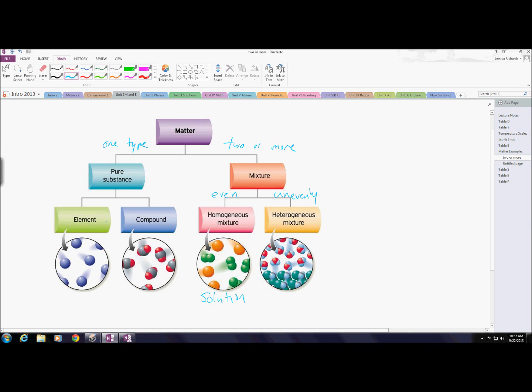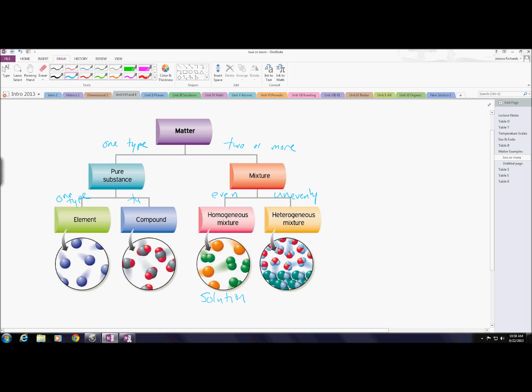It shows a little bit higher understanding of learning if you can abstractly represent the stuff. Over here in pure substances, they're looking at the number of types of atoms. So one type, notice there's only one purplish blue colored atom in here. One type, it's an element.